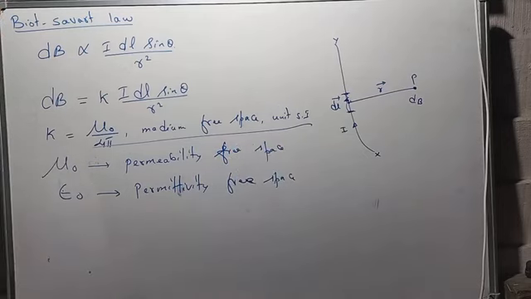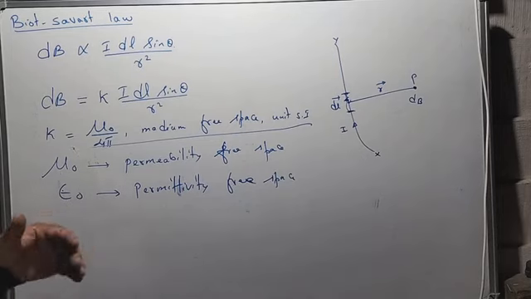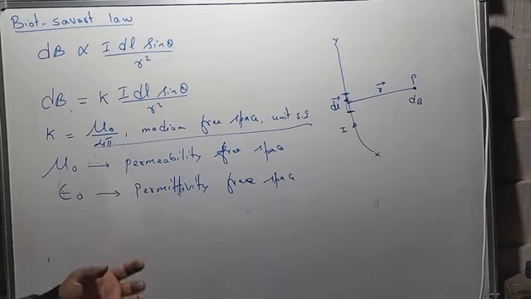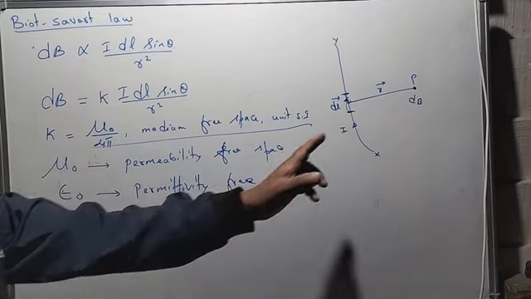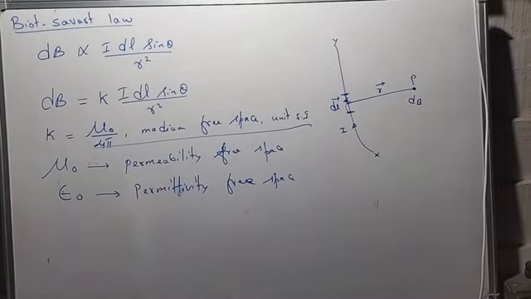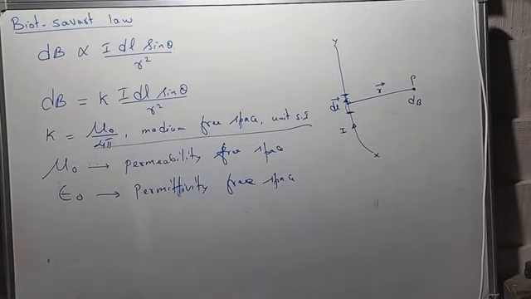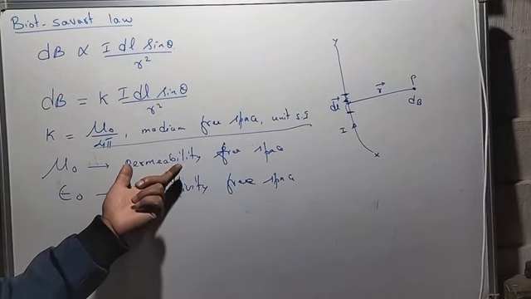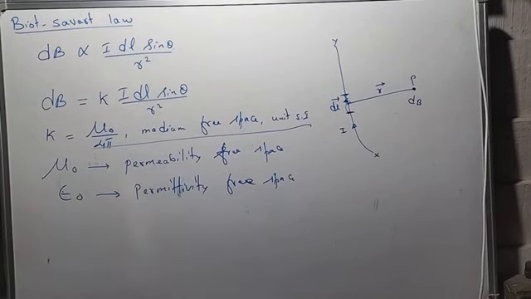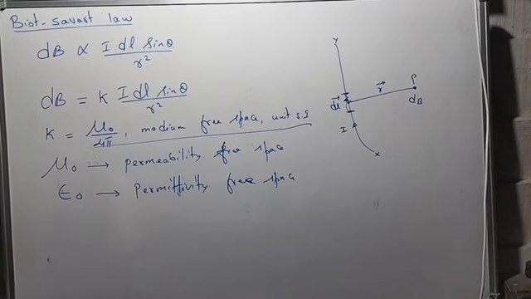Please remember that when you are talking about charge at rest, as in electrostatics, the constant we use is epsilon naught. But when there is a current passing through the wire, which means charge is moving, the constant we use is known as the permeability of free space, that is mu naught.